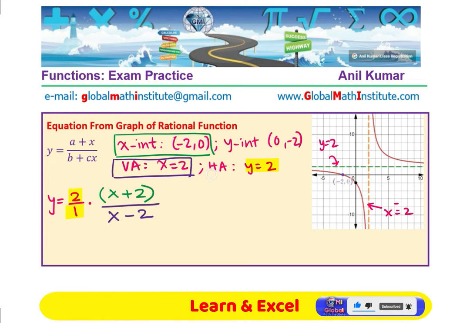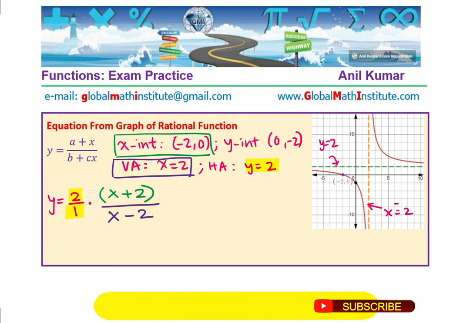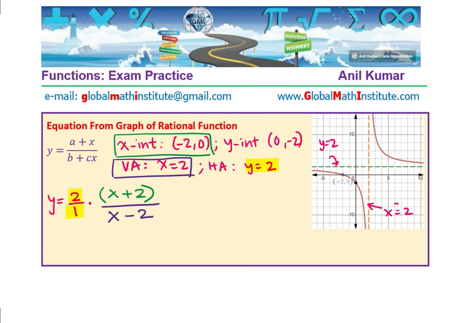We went for the horizontal asymptote and got a factor giving the ratio of the leading coefficients of numerator and denominator. Then the zeros gave us the factor in the numerator. The vertical asymptote gave us the factor in the denominator. Perfect. Now this matches the given graph.